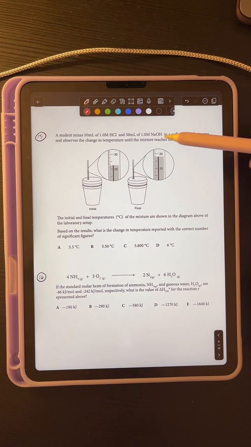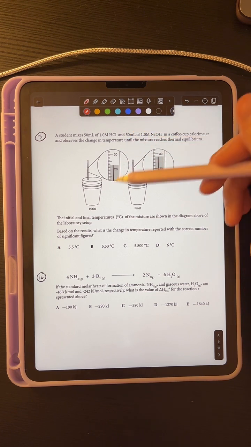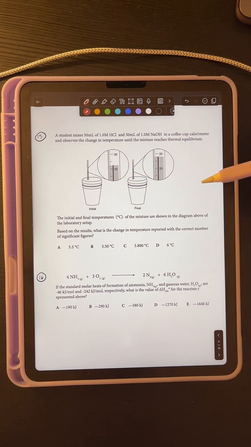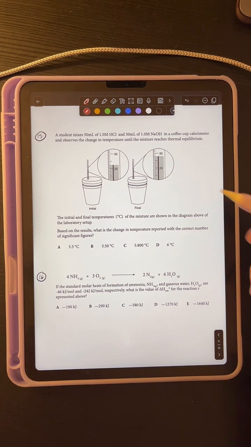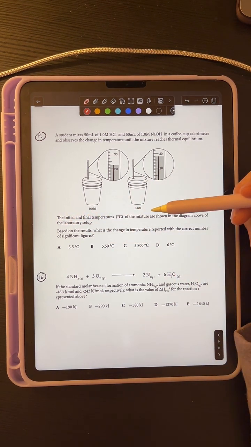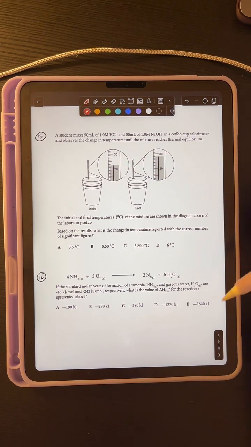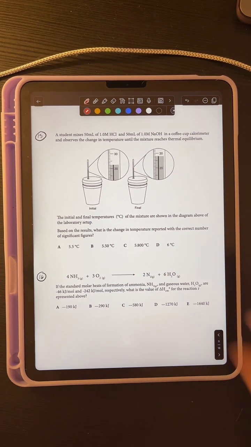So all this is saying is we're mixing two things and just waiting for it to reach thermal equilibrium. The initial and final temperatures of the mixture are shown in the diagram above. So we have a temperature here and a temperature here. Based on the results, what is the change in temperature reported with the correct number of significant figures?